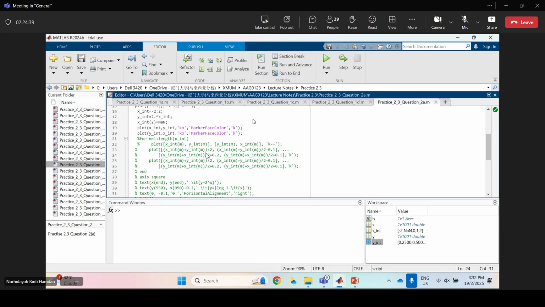This is what I do for the perpendicular line. So x integer and x integer m, x integer 1, y integer 1. We do the black color, and after that, we plot it.